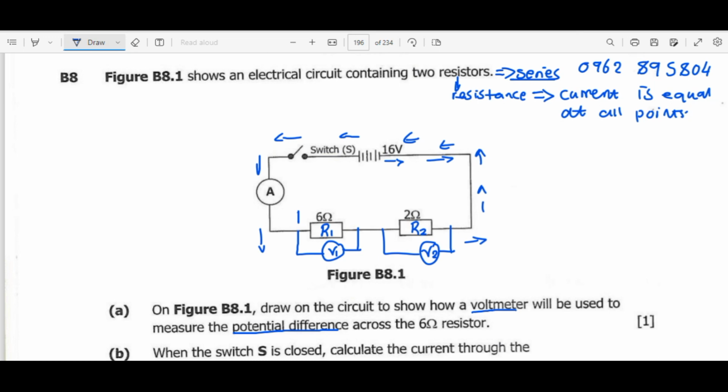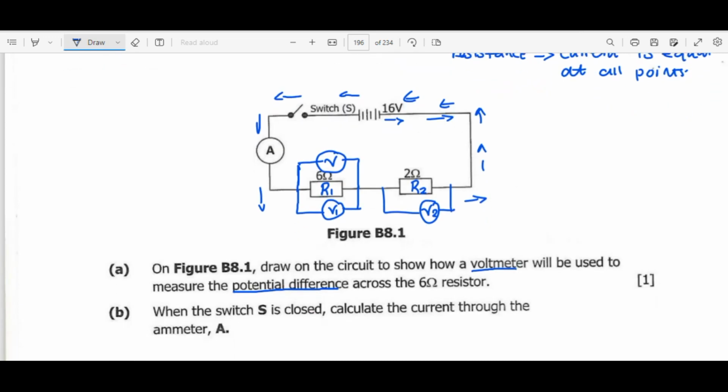So that is what we are supposed to do. So we are going to put our voltmeter on the 6 ohms, and remember that a voltmeter must always be connected in parallel. So this is our voltmeter here. So we've done the first question.